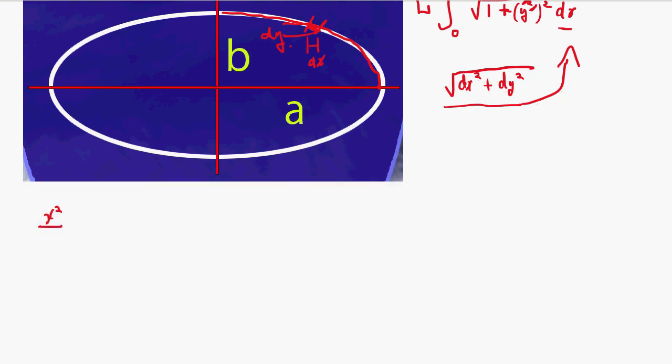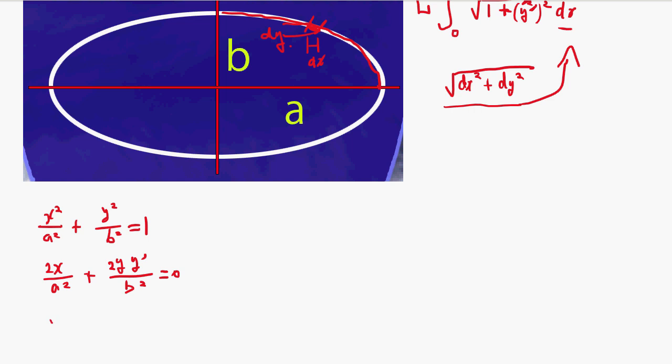Take the ellipse: x squared over a squared plus y squared over b squared equals 1, right? And take the derivative: 2x over a squared plus 2y y prime over b squared equals 0.